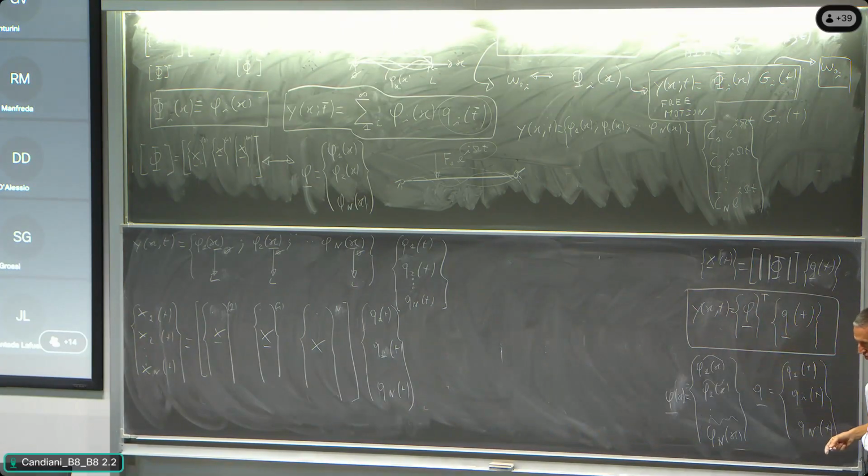The motion of the system in time and space is written equal to phi transposed, this vector here, phi transposed times q. That is exactly the same as saying matrix phi of the n multiplying q.